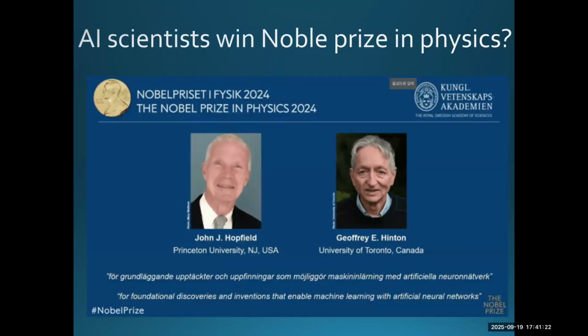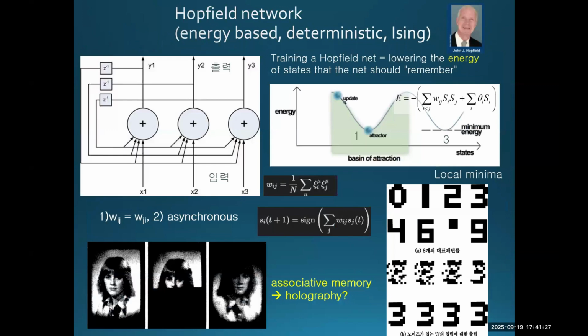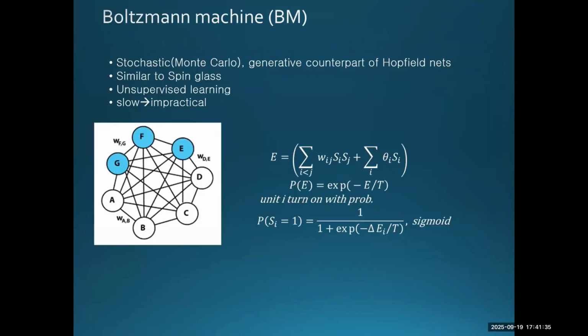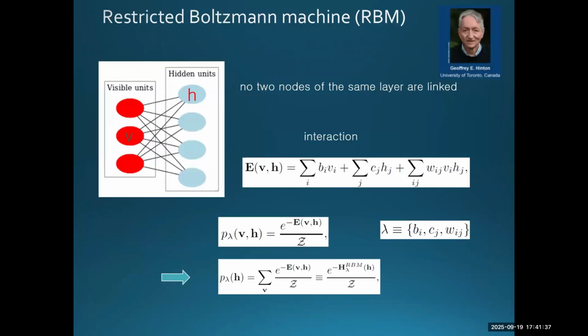And why did AI science win the Nobel Prize in physics? Hopfield showed that you can make AI using spin, and one of the important achievements of Hinton is using the Boltzmann machine. The Boltzmann machine is a thermal version of the Hopfield model.